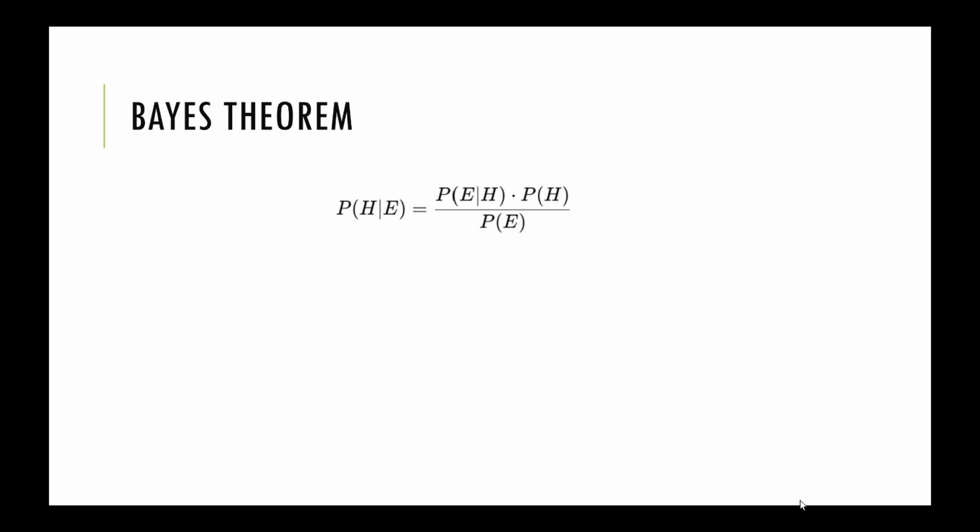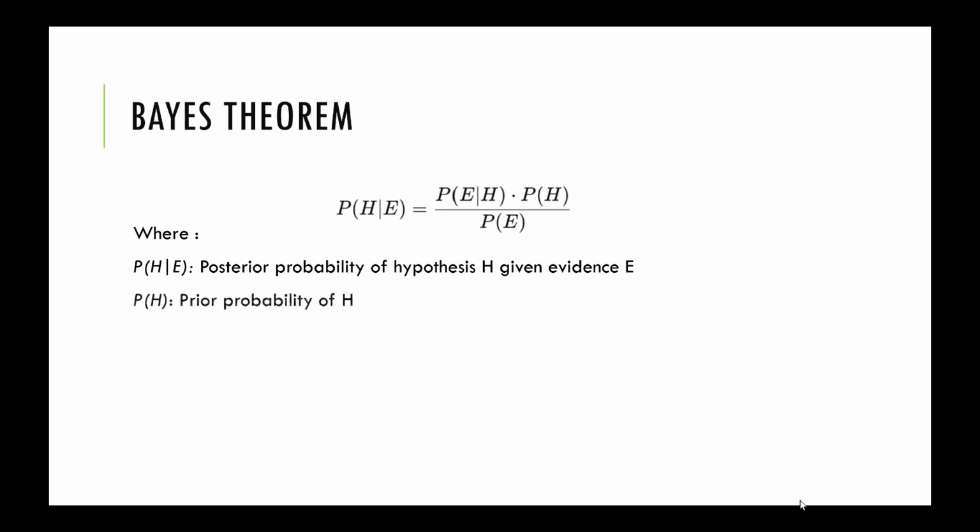So P(H|E) equals P(E|H) times P(H) divided by P(E). Where P(H|E) is the posterior probability of hypothesis H given evidence E. P(H) is the prior probability of H. P(E|H) is the likelihood of E given H. P(E) is the evidence, that is the probability of observing E values.